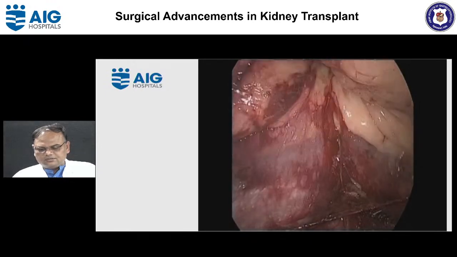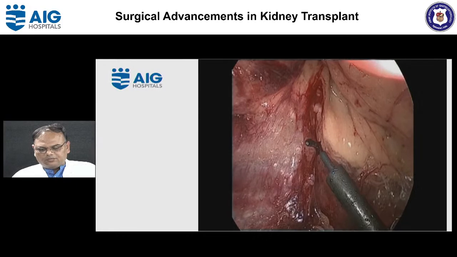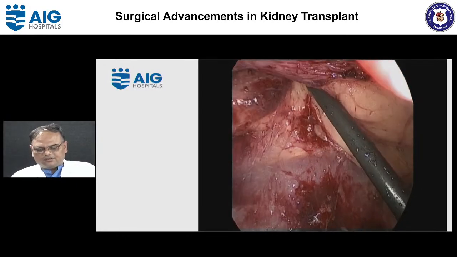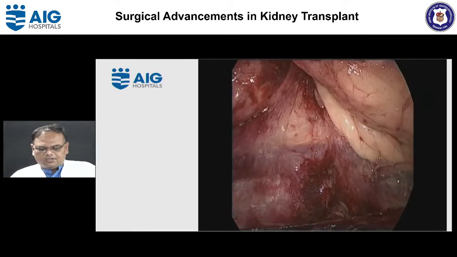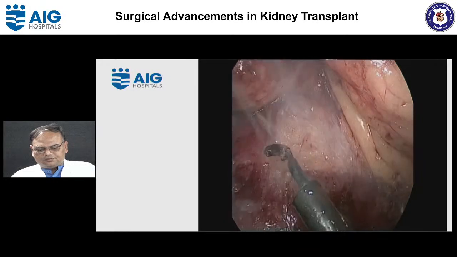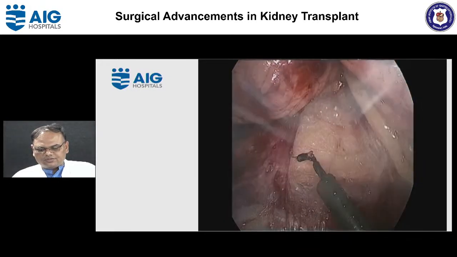Once this is done, the kidney is lifted off the psoas along with the perirenal fat, and the carbon dioxide helps in some form of dissection, as it enters into the loose areolar tissue and helps in dissection.